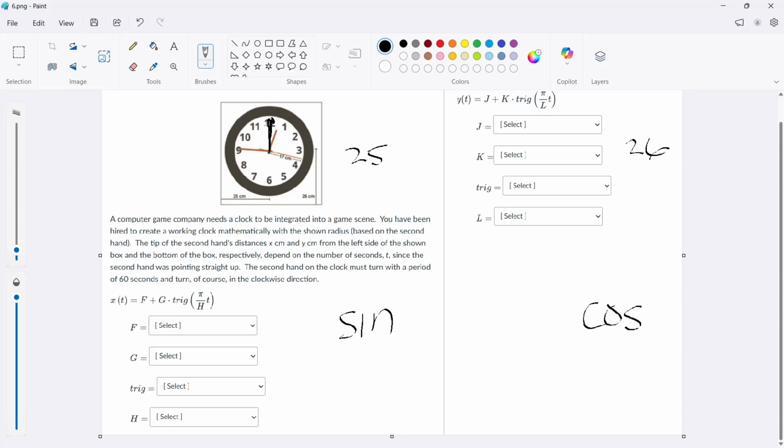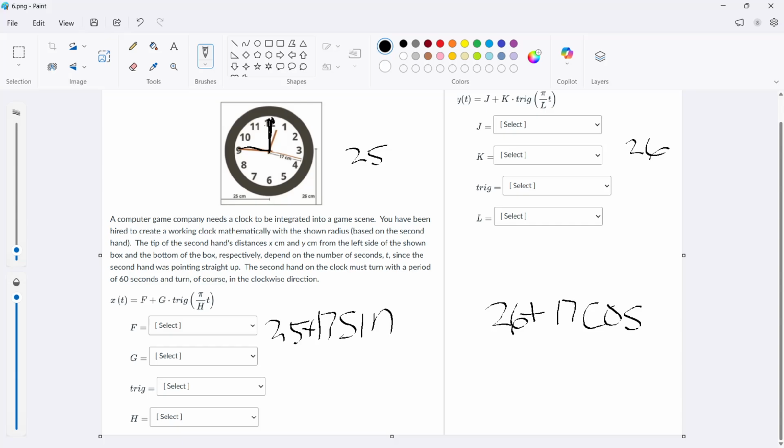So I've got that. What is the center position? I am 25 from the left, so that's 25 for this, and I'm 26 from the bottom, so that's 26 for that. All right, now I have to do, what is the amplitude? Well, the amplitude is 17, the length of the second hand.